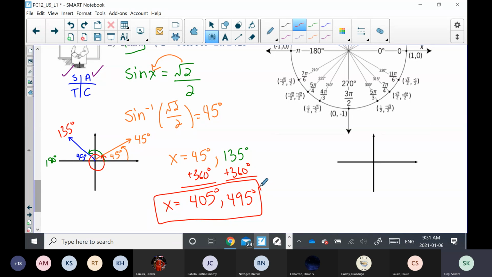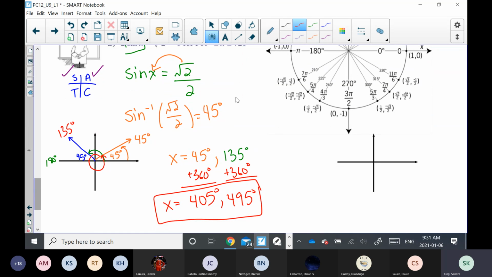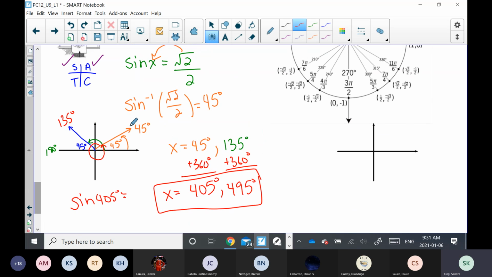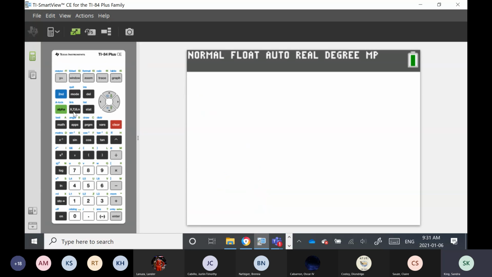These two answers exist in this domain. That's how you would do that. And again, could you double check that your answer is correct? How you would double check is on my calculator, I would simply type in the sine of 405 degrees and check if that is root 2 over 2. So first I want to see what root 2 over 2 is equal to.